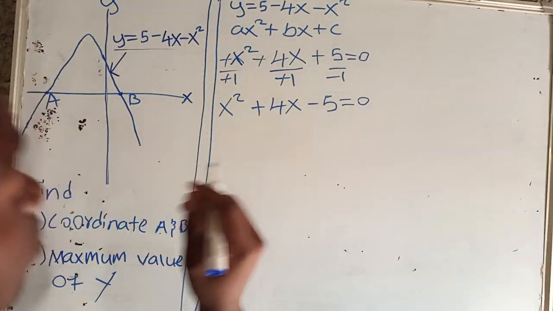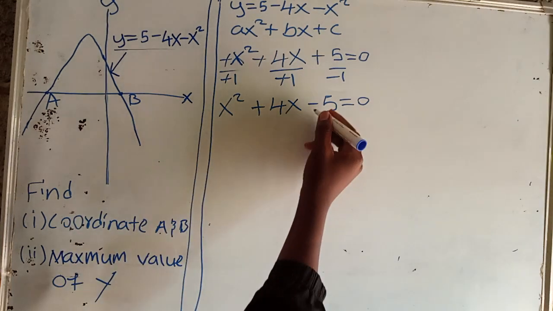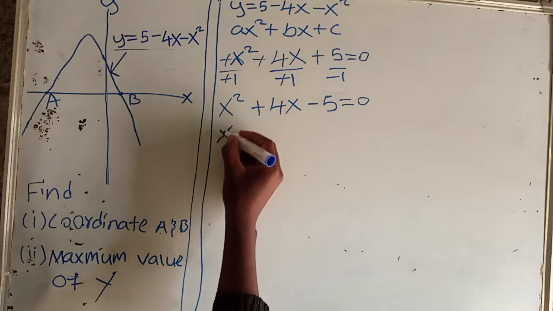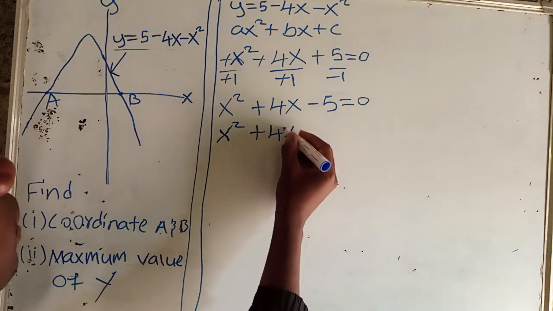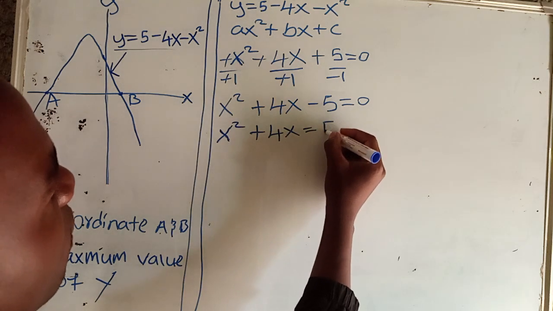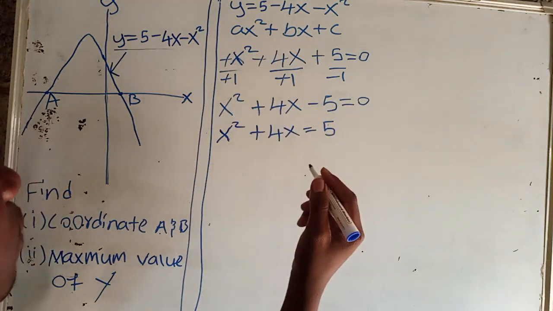So using the completing the square method, the first step that we are going to do is to move the constant across the equal sign. So we are going to have x squared plus 4x is equal to a positive 5, because after crossing the equal sign, the sign will change. It will be a positive 5.